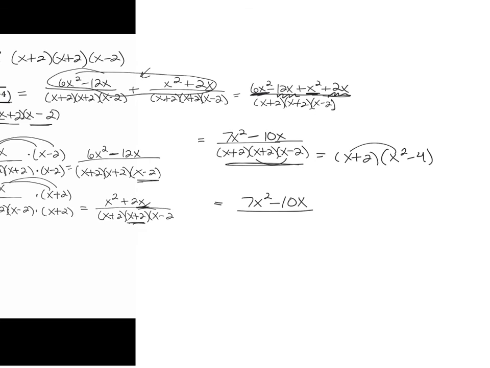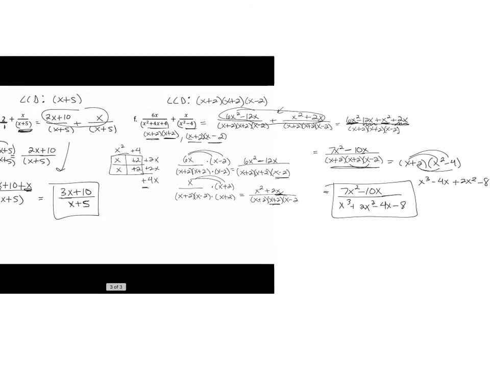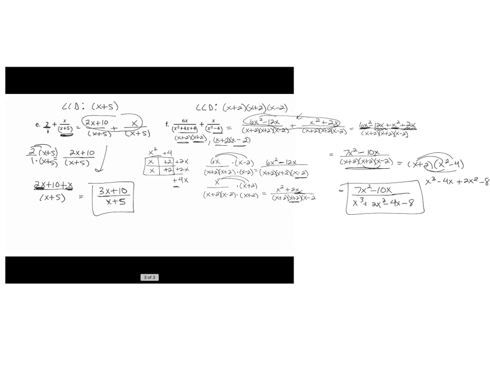And then I just need to go ahead and FOIL this out. So x times x squared is x cubed, minus 4x, plus 2x squared, minus 8. So that'll be x cubed plus 2x squared minus 4x minus 8. And that is the simplified sum for those rational expressions there.